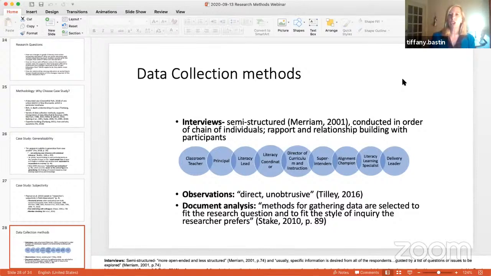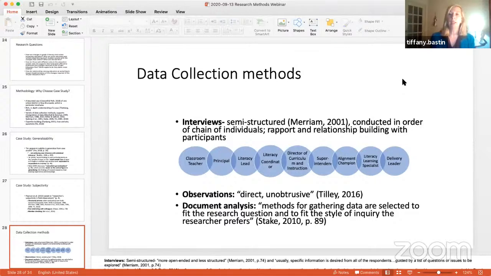So you can see my chain across there, the visual from the classroom teacher right up to the delivery leader, which was the person in charge of the whole project. And what I found particularly with classroom teachers and the school principals, I visited their schools twice. One time I spent time just building a relationship with the teachers. I was a teacher for 15 years, so I talked to them a lot about that. And so they built some trust with me.